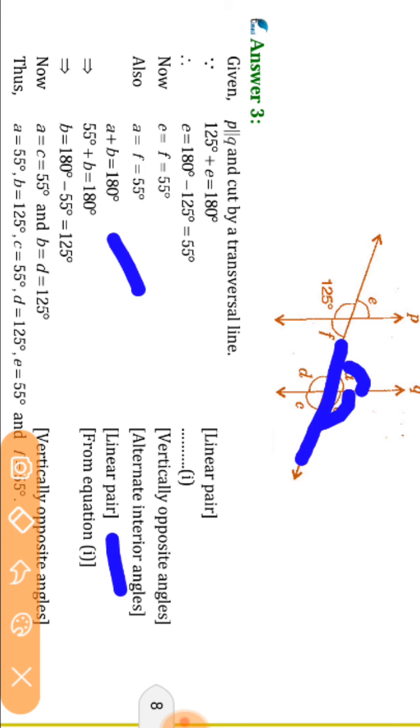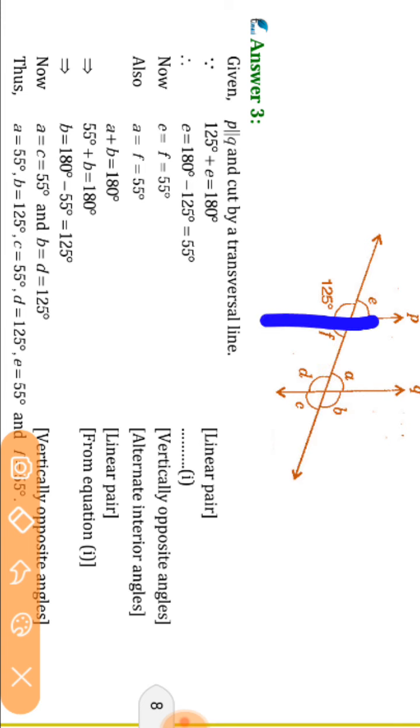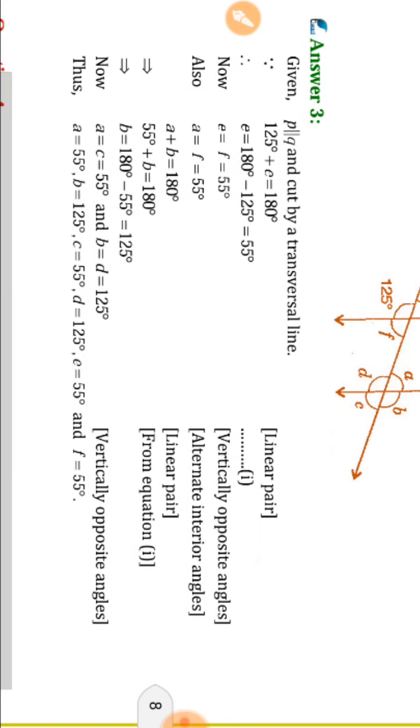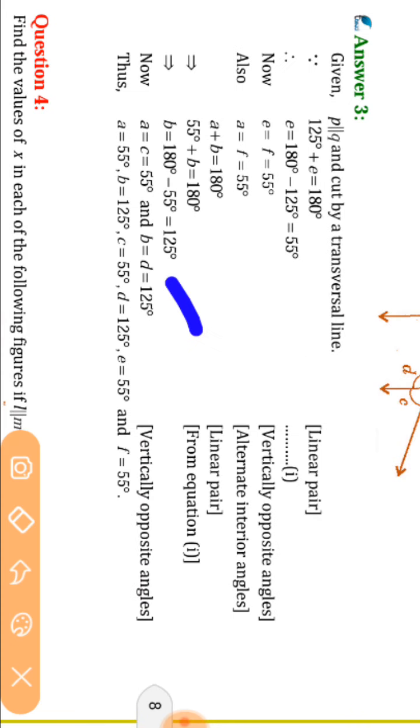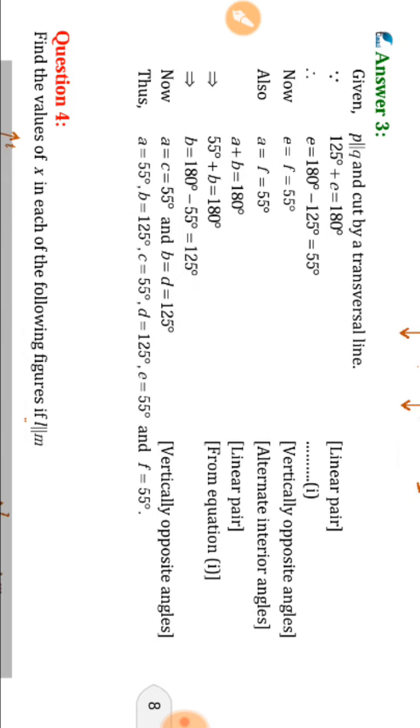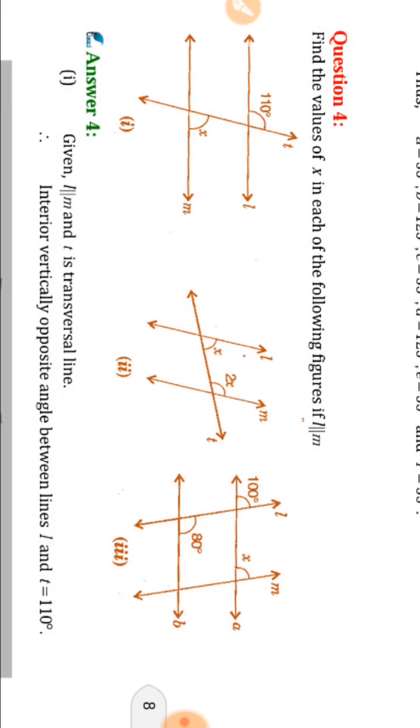Then B is equal to 125 itself, or you can directly say that F is equal to B also. In this case B is 125 degrees, A is equal to C, and B is equal to D, vertically opposite angles. So this is how we can find the angles A, B, C, D, E, F. Without fail, you have to write the reason compulsorily for all the examples in geometry.